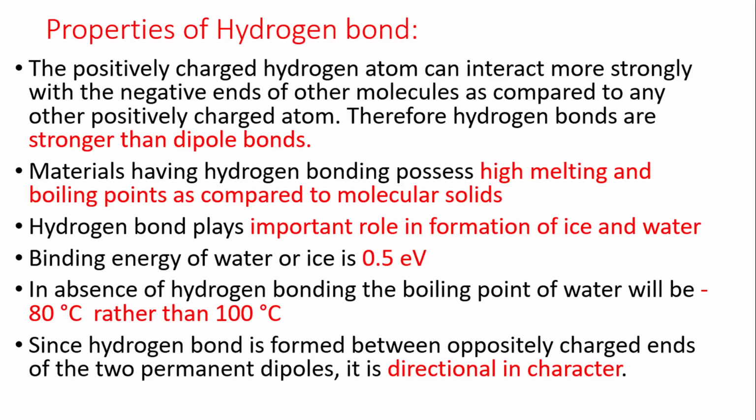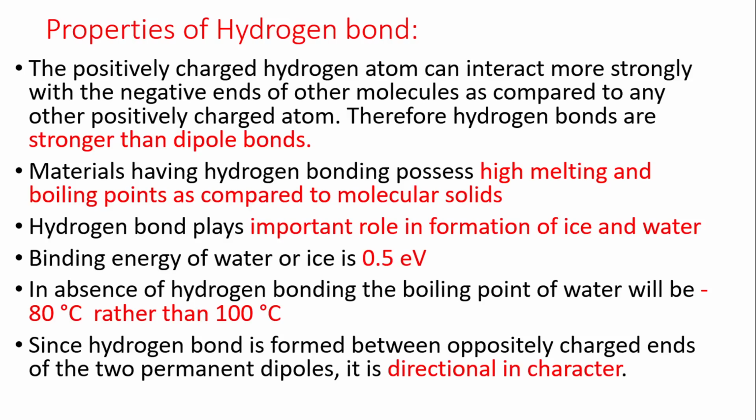It is due to hydrogen bond that ice freezes at 0 degree centigrade and water boils at 100 degree centigrade. In the absence of hydrogen, water would boil at minus 80 degree centigrade rather than 100. So this important difference is due to the special significance of the hydrogen atom.